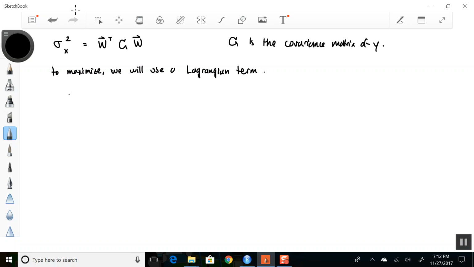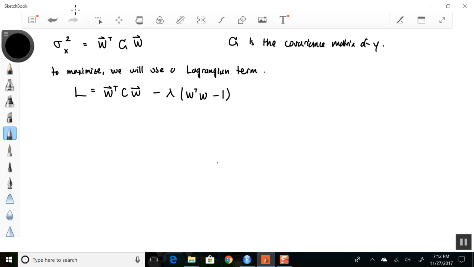So we have L equal to w transpose C w minus lambda times (w transpose w minus 1).